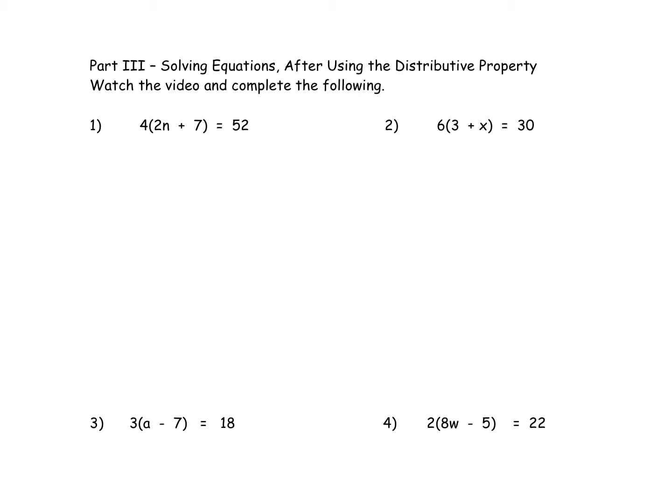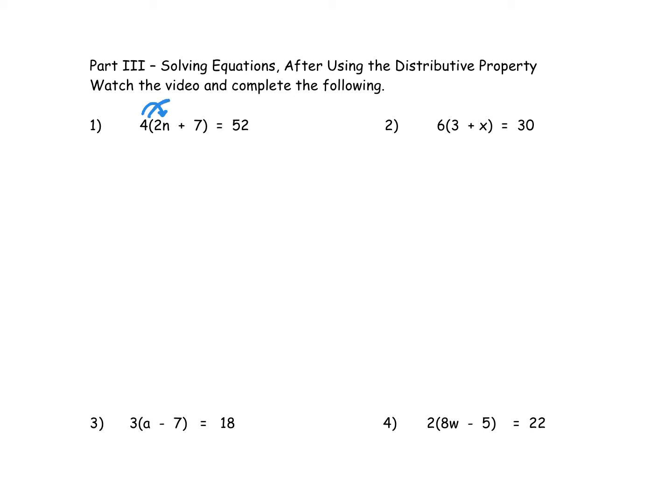When we work with solving equations after using distributive property, there are two ways to do this. We can solve before using the distributive property, but in today's lesson I'm going to encourage you to use the distributive property first. So the distributive property says that the number on the outside multiplies every term inside the parentheses.